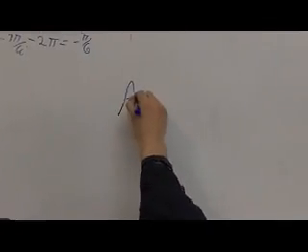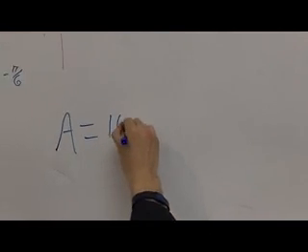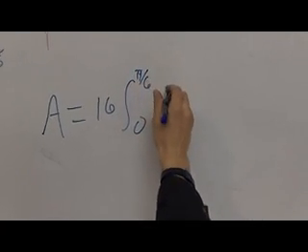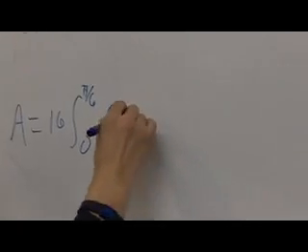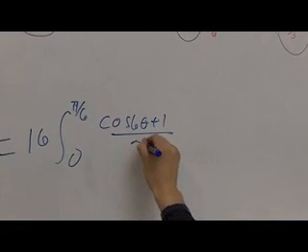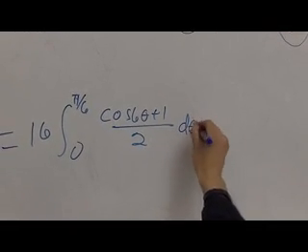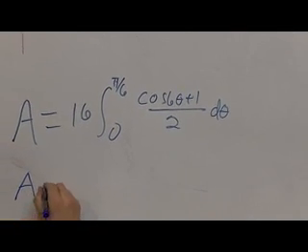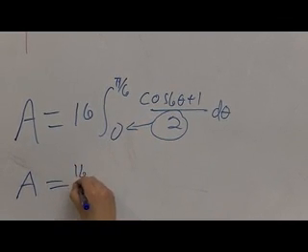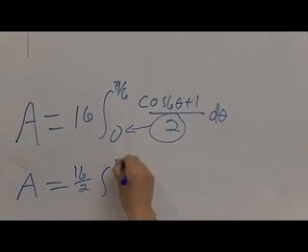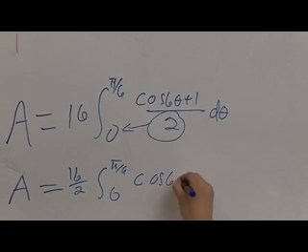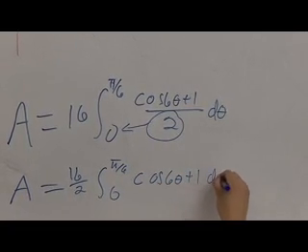So now it's going to be area equals 16 times the integral from 0 to pi over 6 of cos 6 theta plus 1 divided by 2 d theta. We can pull out the 2, so it's going to be 16 over 2, the integral from 0 to pi over 6 of cos 6 theta plus 1 d theta.